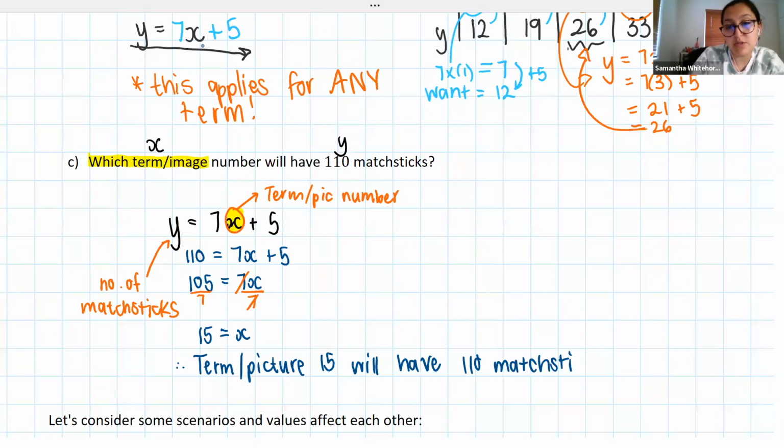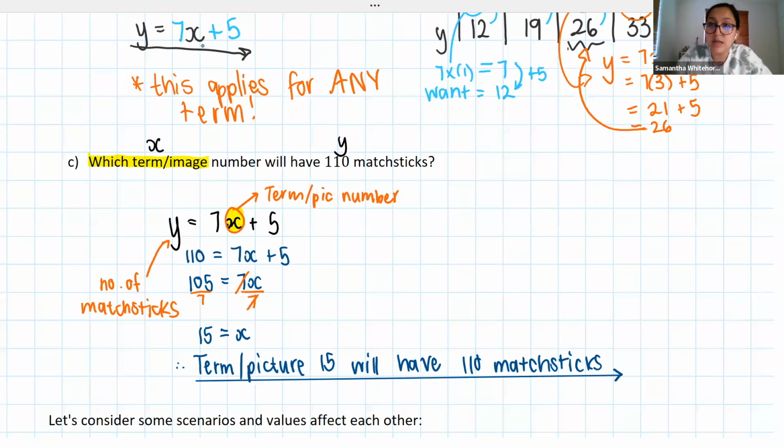So if you kept drawing this pattern all the way up to the 15th term, all the way up to the 15th picture, in that 15th picture, you will draw 110 lines or 110 matchsticks.